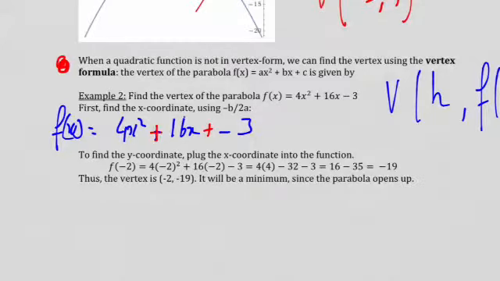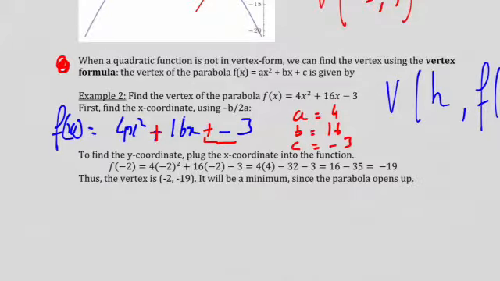Now I have a plus, and the plus by minus will be minus 3, so it doesn't change anything, but at least it helped me to avoid making a mistake when I say a equal 4, b equal 16, and c equal negative 3.